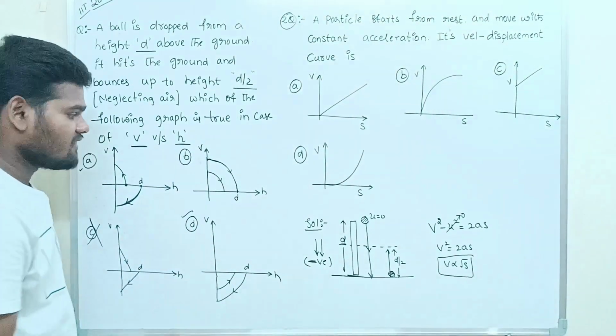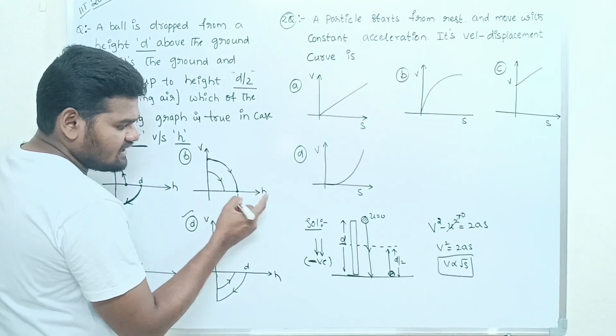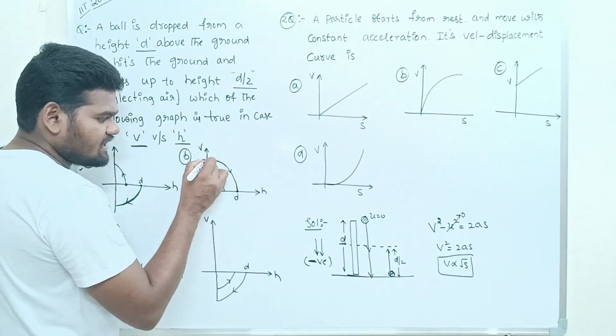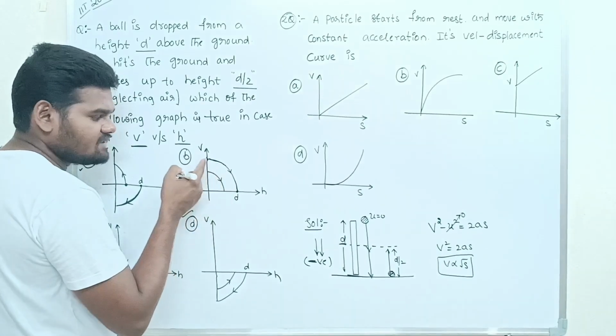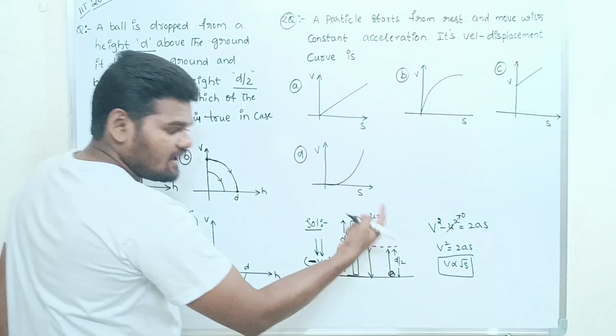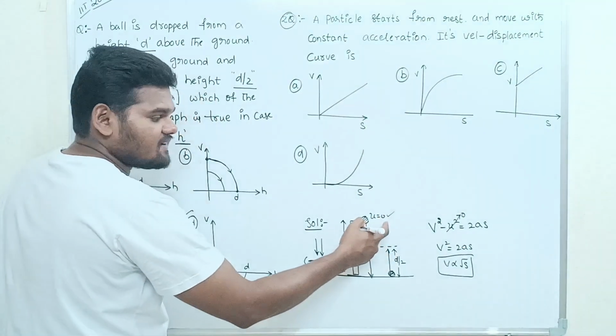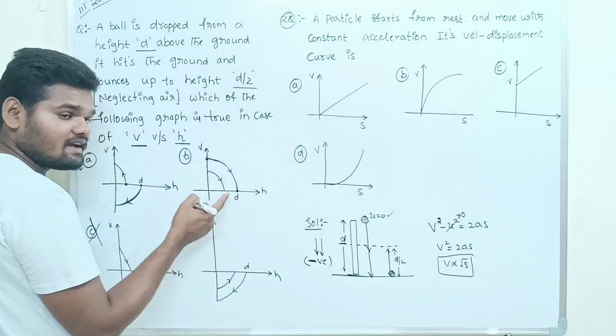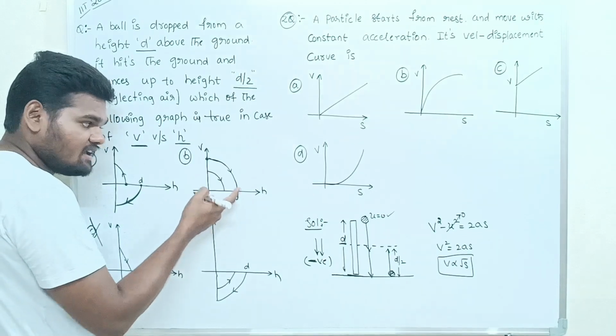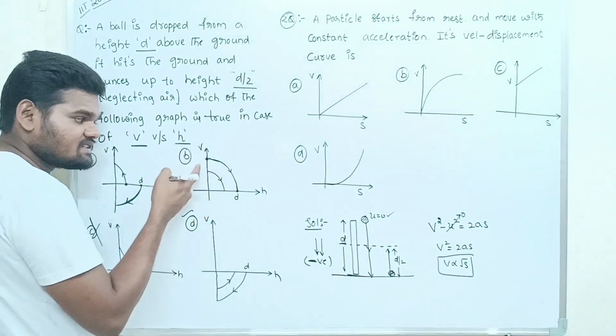You observe this graph. Have a look at the height d. At the height d, the object has some velocity. But in the actual case, at a height d, the initial velocity of the object is zero. But in the given graph, at a height d, the object has a certain velocity.